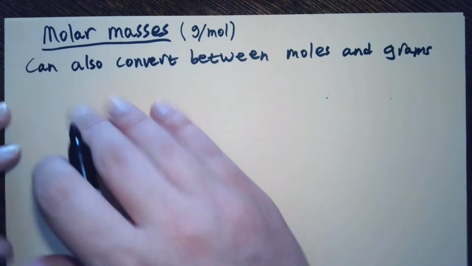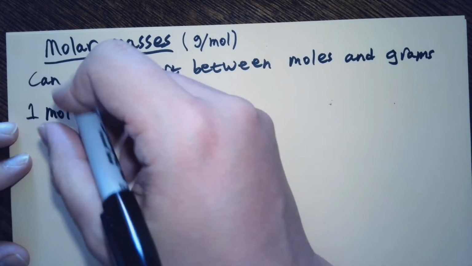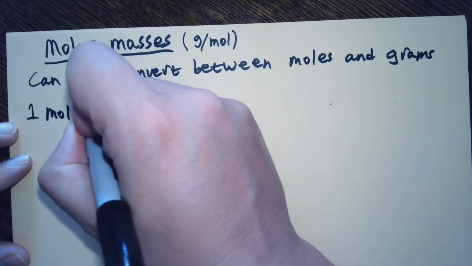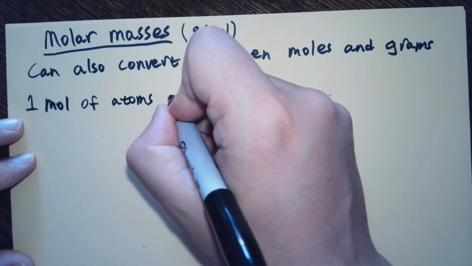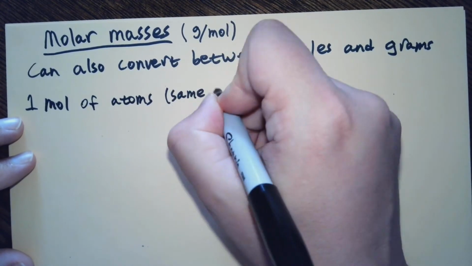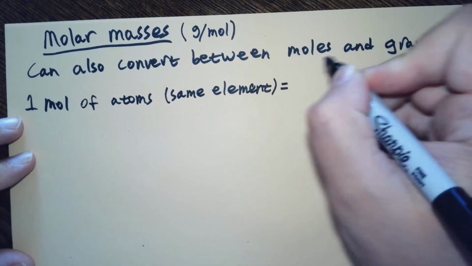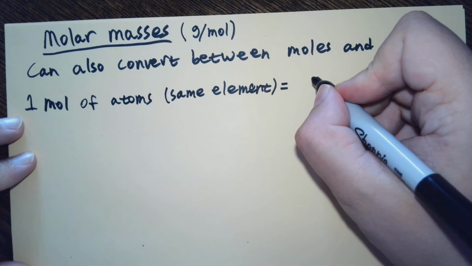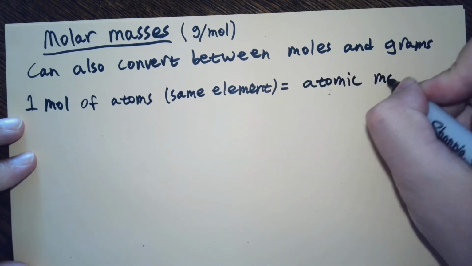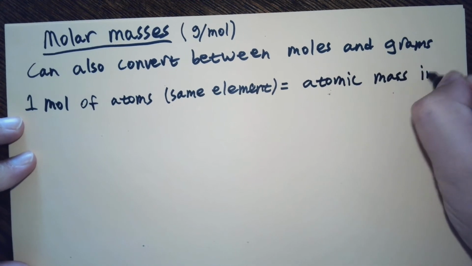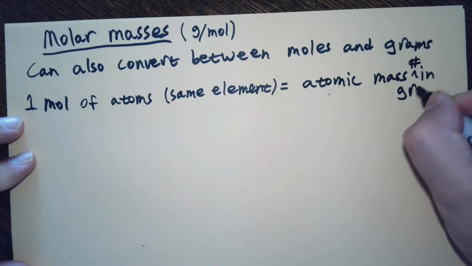So 1 mole of atoms that are all the same element equals the atomic mass number in grams.